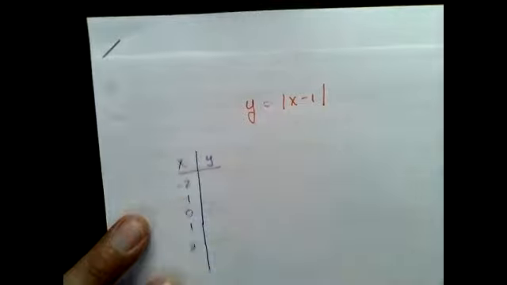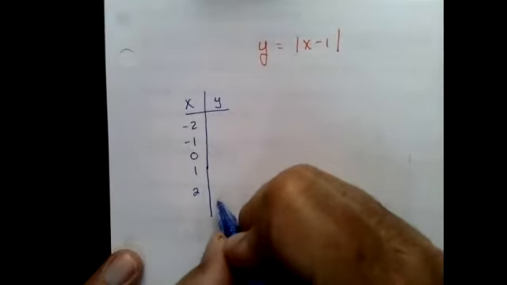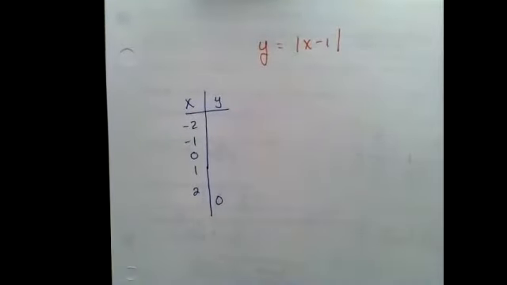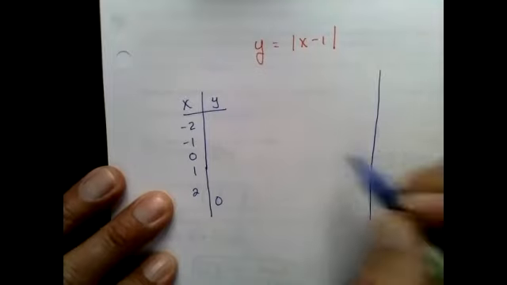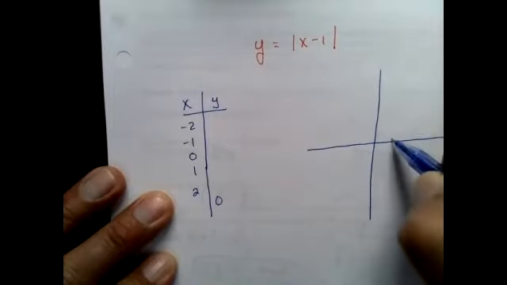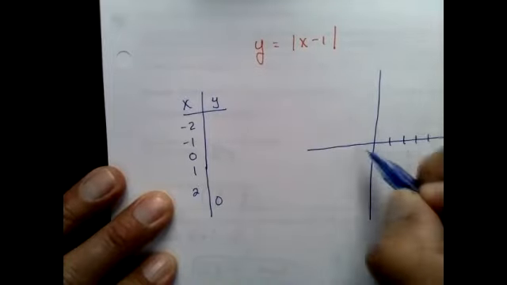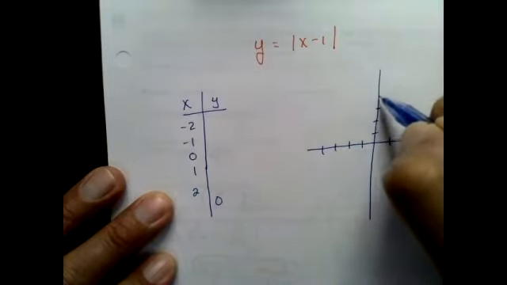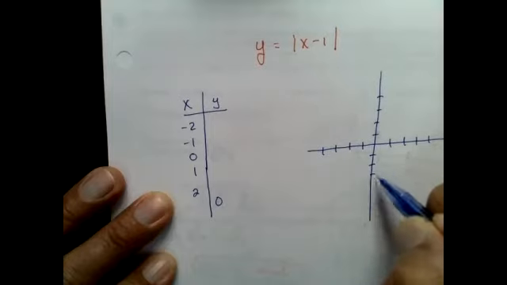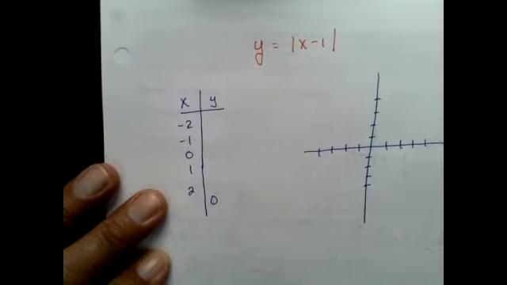One of the other things I might want to check is what if I throw a 0 in for y.